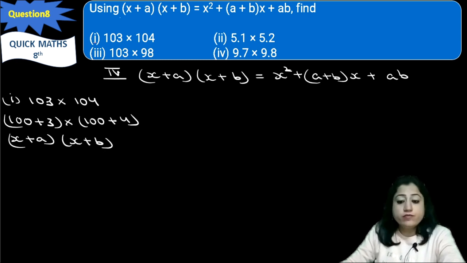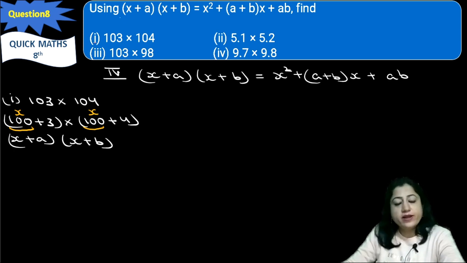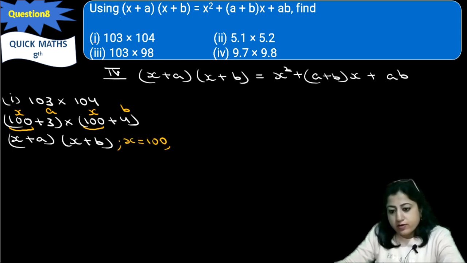Now what is x here? This 100 is x because it is the same in both the brackets. The first term of both brackets is the same, that is 100, and this one is a, this one is b, both are different. So a is 3 and b is 4.